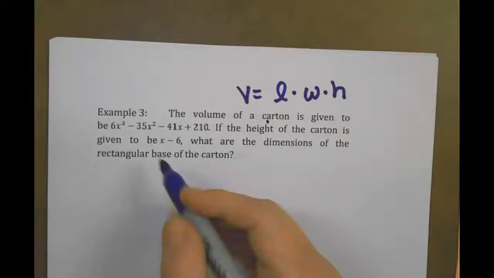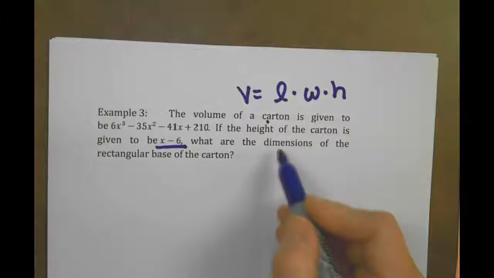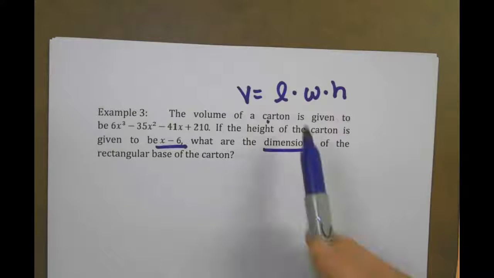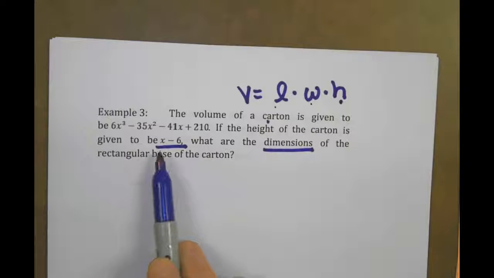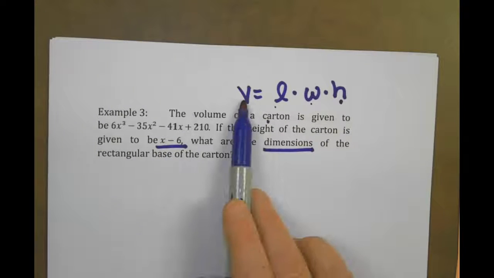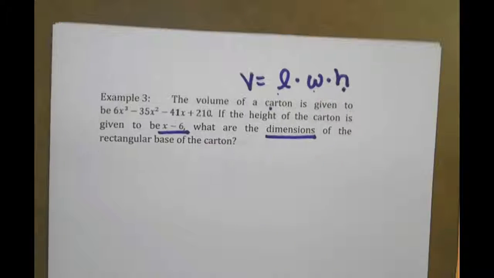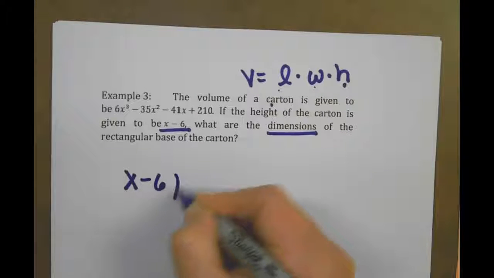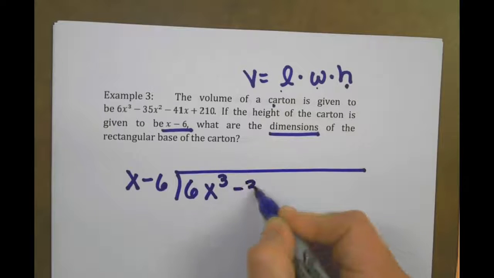And it tells me this right here is the height. And it asks me for dimensions. What are dimensions? Well, they're the length times the width times the height. And if you know the height, you divide it into the volume to find the other two. So, even though it looks like a geometry problem, it's still a polynomial long division problem.